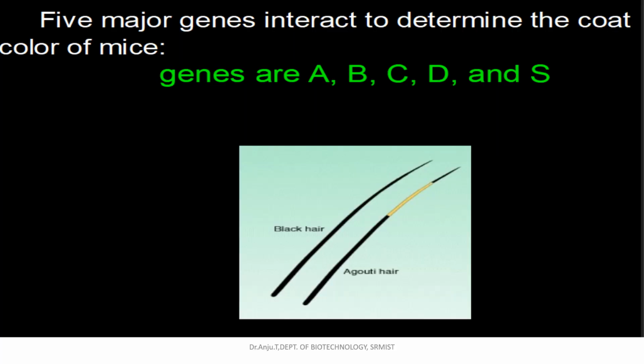Let us understand this concept by studying the gene interaction in mice coat color.